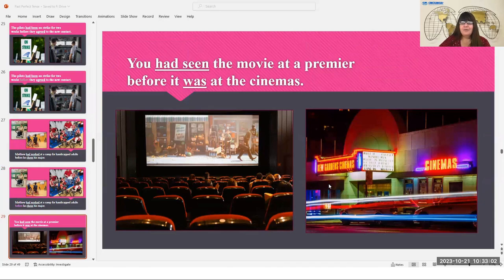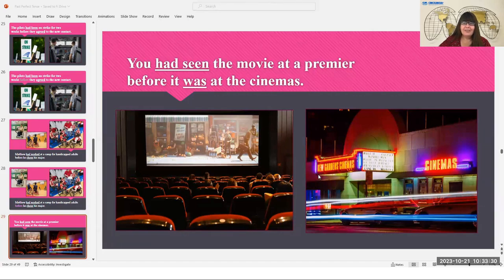You had seen the movie at a premiere before it was at the cinemas. Now, a premiere is like the first showing. So like Hollywood makes a movie, then you see the red carpet and the actors, and they invite a small group of people to come and watch the first showing, and that is what we call a premiere.